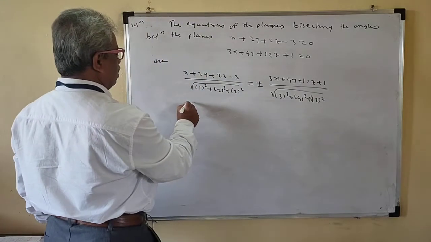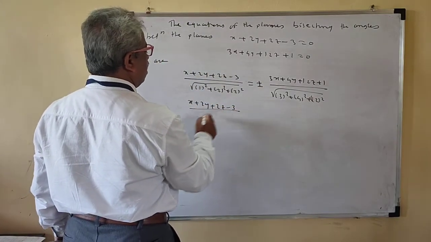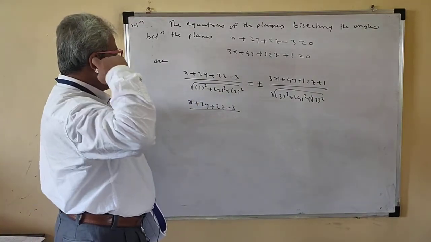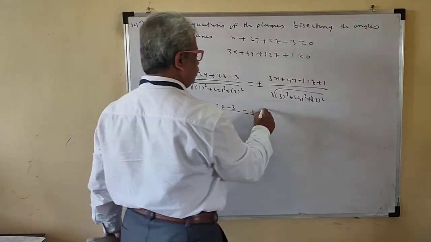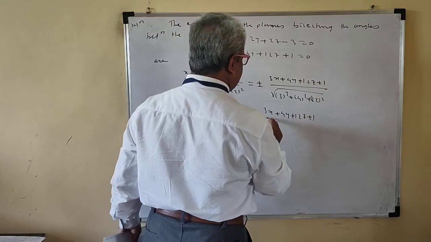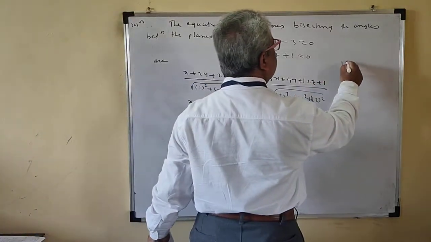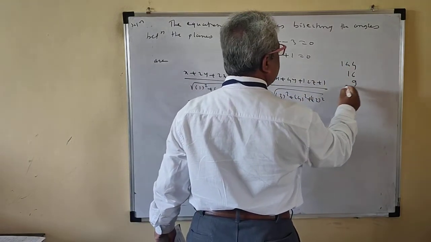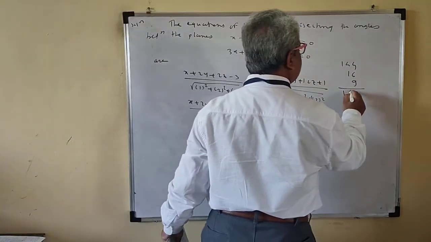Okay, so this is x plus twice y plus twice z minus 3 upon, this is 1 plus 4 plus 4, 9, so this is 3, plus or minus 3x plus 4y plus 12z plus 1 upon, so this is 144, this is 16 and this is 9, so this is 169.